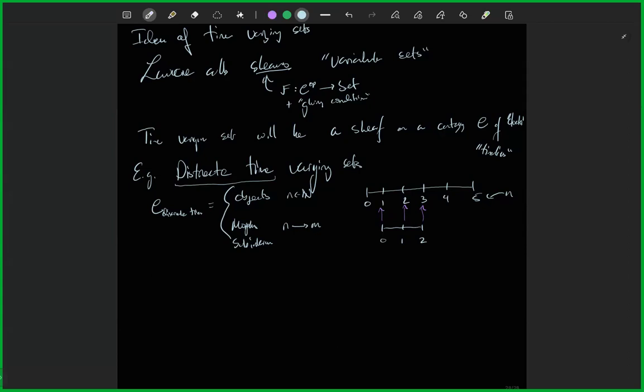You can see that such an interval is determined by where it starts. So an interval like this is a k such that n plus k is less than or equal to m. That's because if we set k too high, the smaller one, which was n here, would spill over the edge, and it has to be a subinterval.